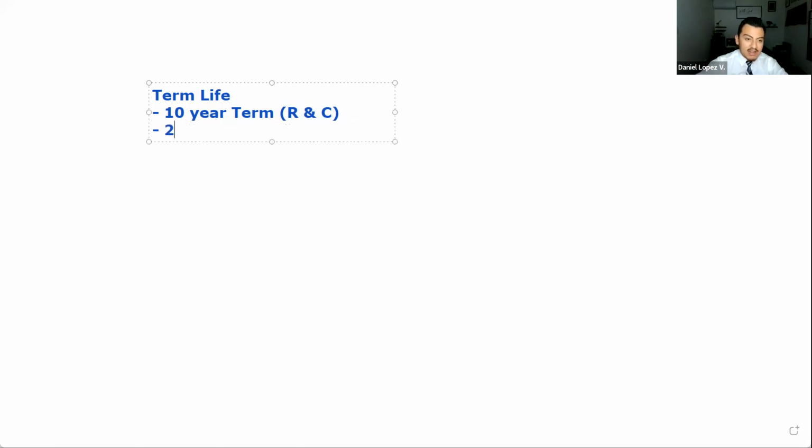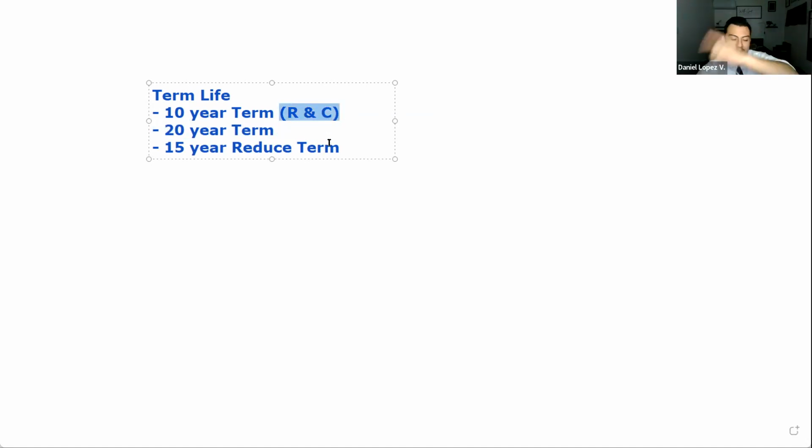We also sell a 20-year term. Okay. We also sell a 15-year term. Actually reduced term. With this reduced term, before I move on, this 20-year term is just a simple 20-year term. It does not have a guarantee renewable convertible.